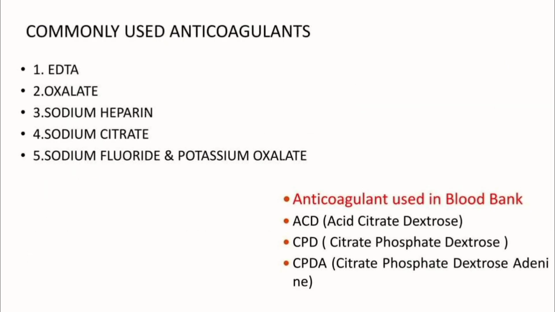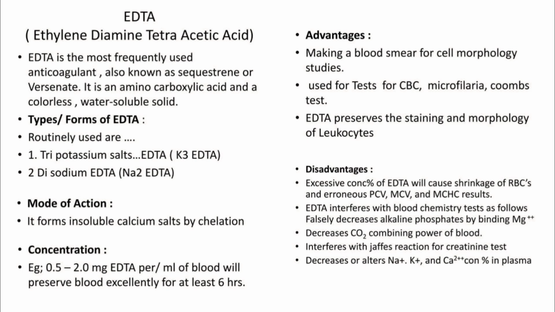Commonly used anticoagulants are EDTA, oxalate, sodium heparin, sodium citrate, sodium fluoride, and potassium oxalate. The anticoagulants used in the blood bank are ACD, acid citrate dextrose, CPD, citrate phosphate dextrose, then CPDA, citrate phosphate dextrose adenine.